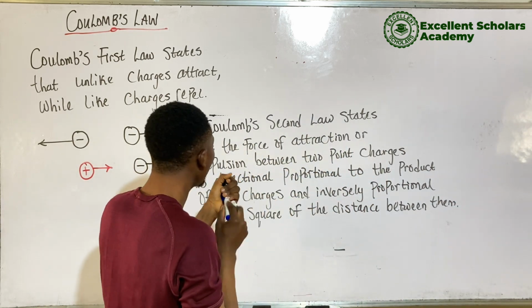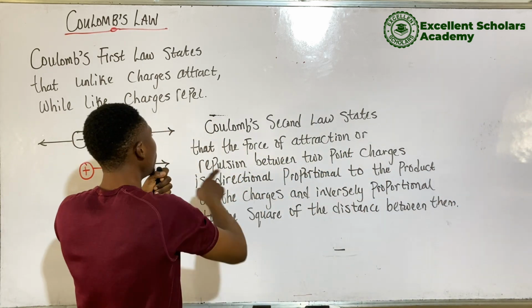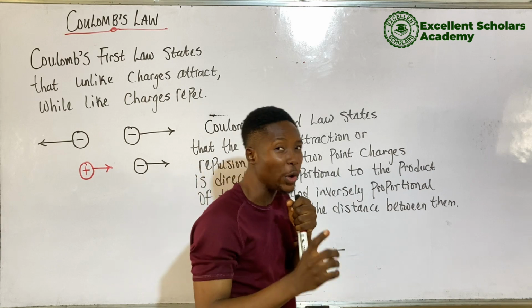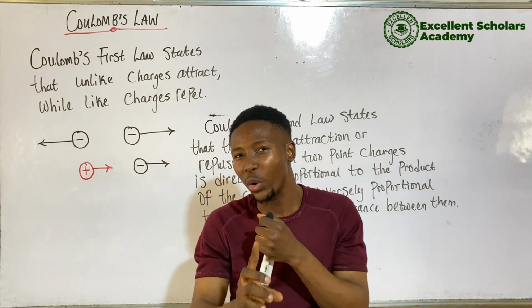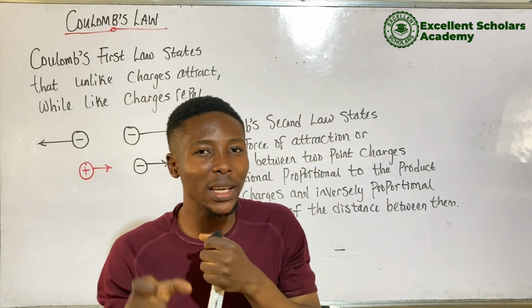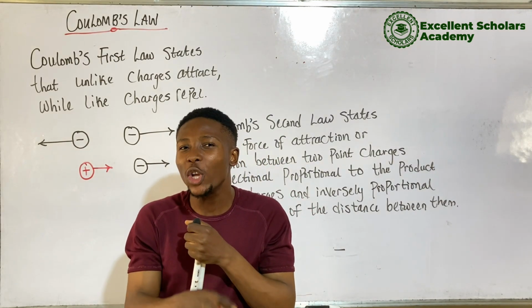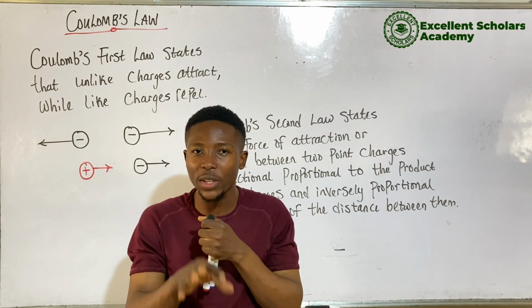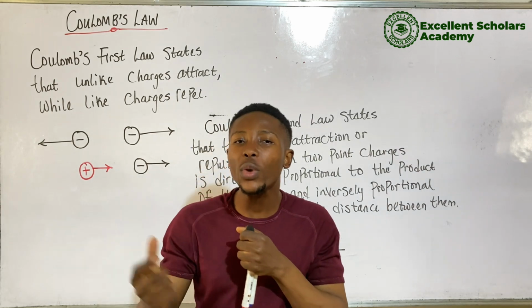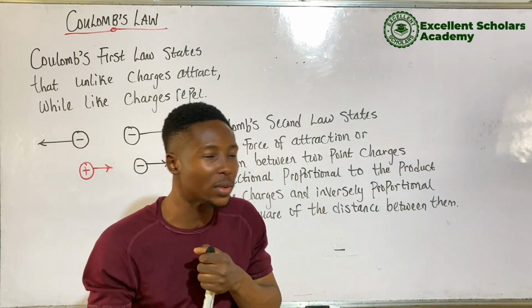Coulomb's second law states that the force of attraction or repulsion, now that word is key. The Coulomb's force, which is also called the electric force, is not just a force of attraction or just a force of repulsion, but it's also a force of attraction and repulsion.